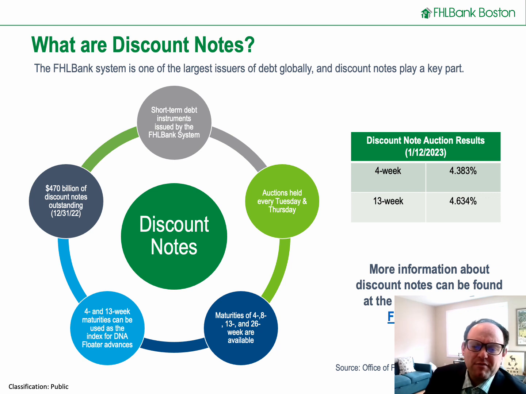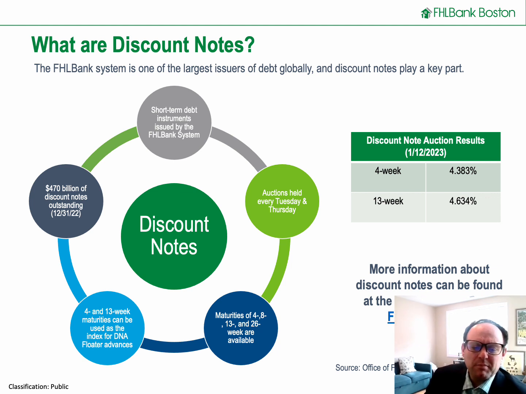Every Tuesday and Thursday, the system offers in an auction debt at maturities of 4, 8, 13, and 26 weeks to dealers and to the investor community. As of 12/31/22, it was a significant portion of the short-term interest rate markets, such that there was 470 billion of discount notes outstanding.